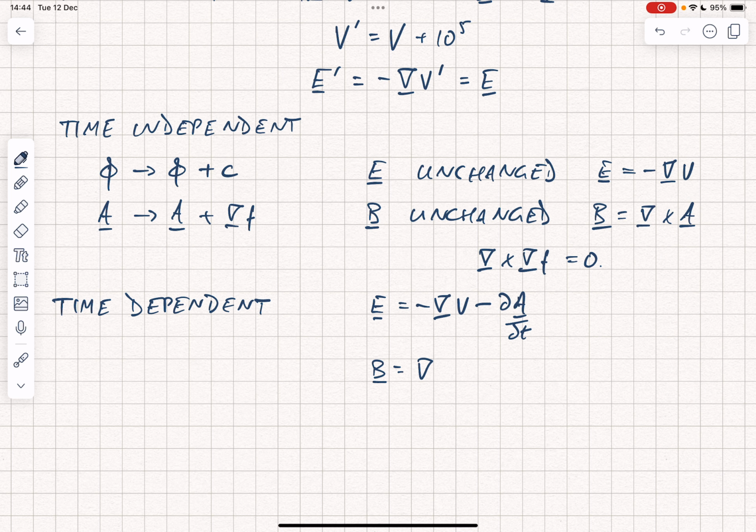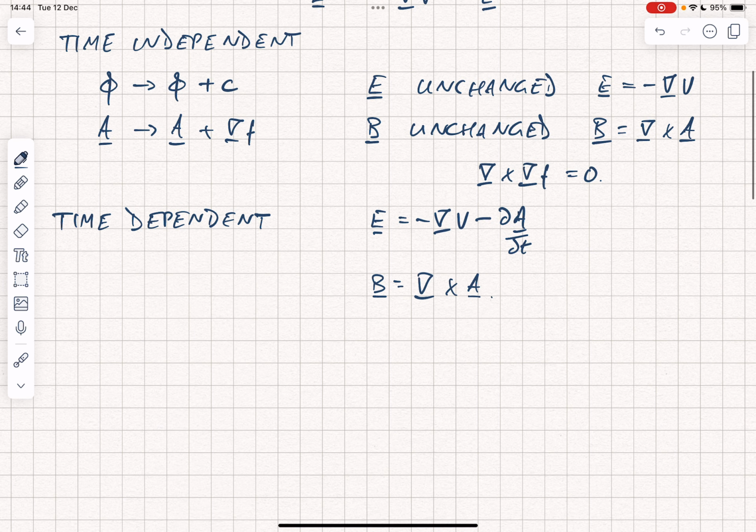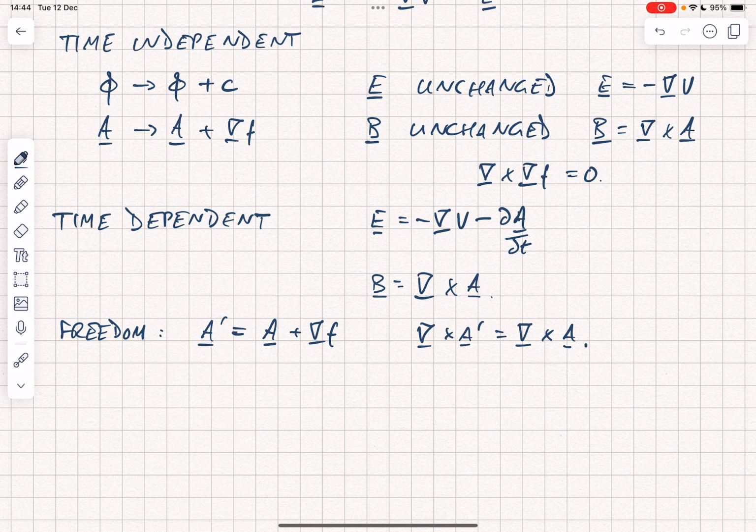B is still equal to the curl of A. We still have the freedom to add anything, which is the gradient of any function, to A. So we can have A prime is equal to A plus grad f, and we can say that the curl of A prime is identically equal to the curl of A.